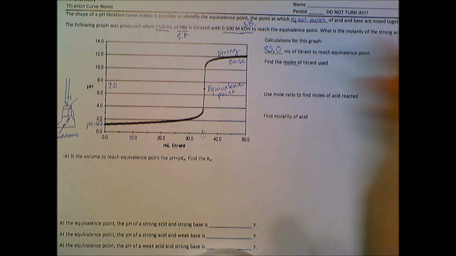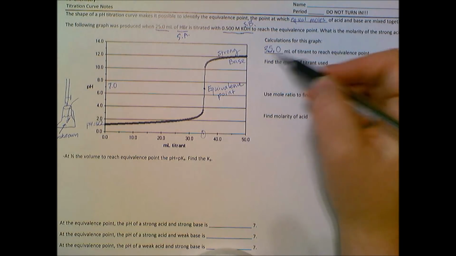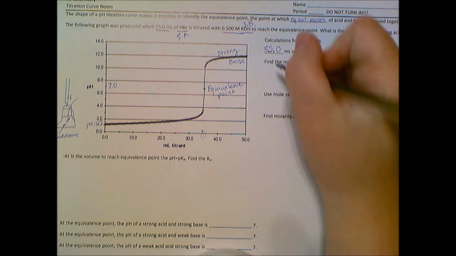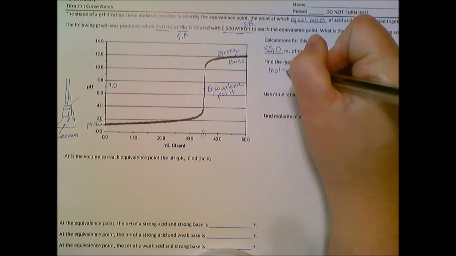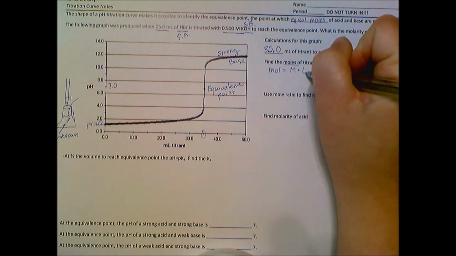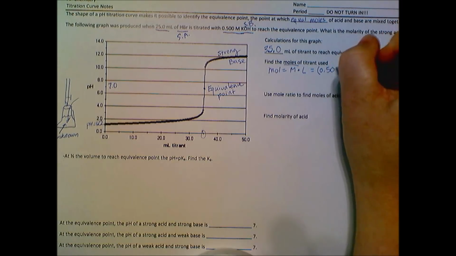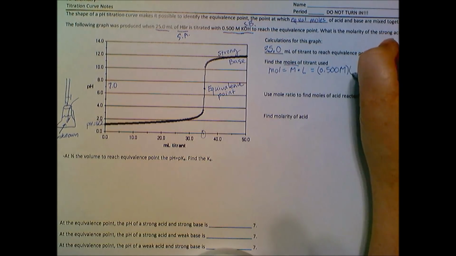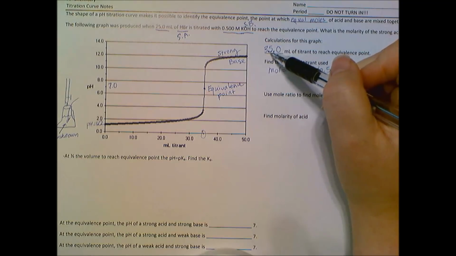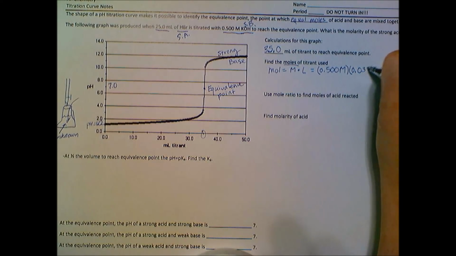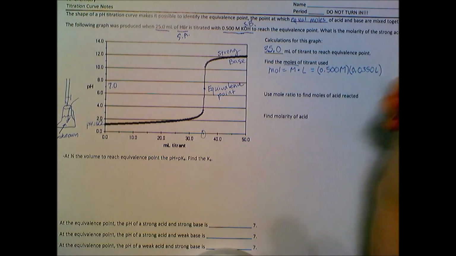So if we want to find the moles of our titrant that we used, we have its volume and its molarity. Rearranging our molarity equation, moles are equal to molarity times liters. Our molarity is 0.500, and our volume, if we divide by 1,000, is 0.0350 liters.